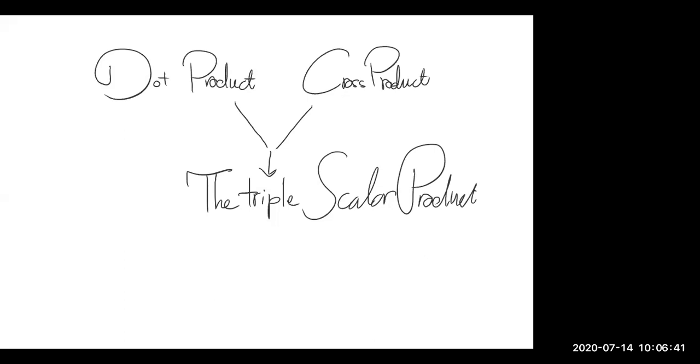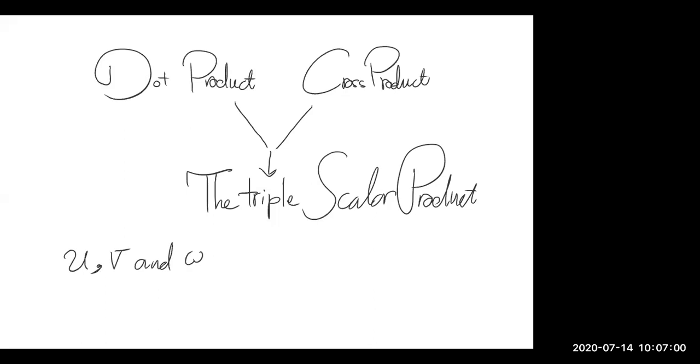Unlike the previous types of multiplication we've seen, this product is a multiplication of three vectors, u, v, and w.